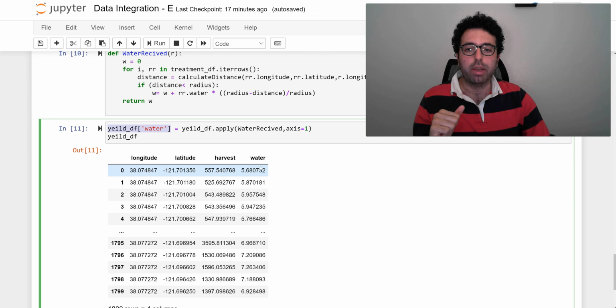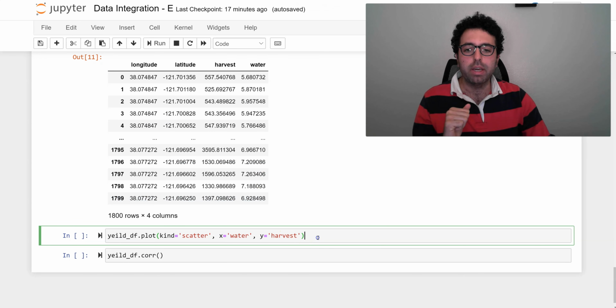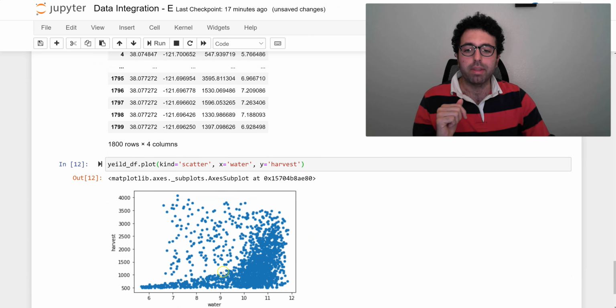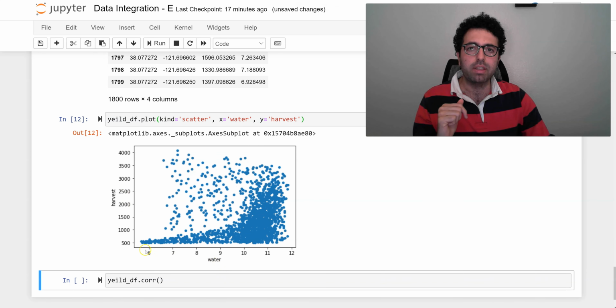So now we can simply do a scatter plot of the water and harvest, and we see that there is somewhat of a relationship between the two. Of course, the relationship gets even higher after the amount of water has increased for this process.